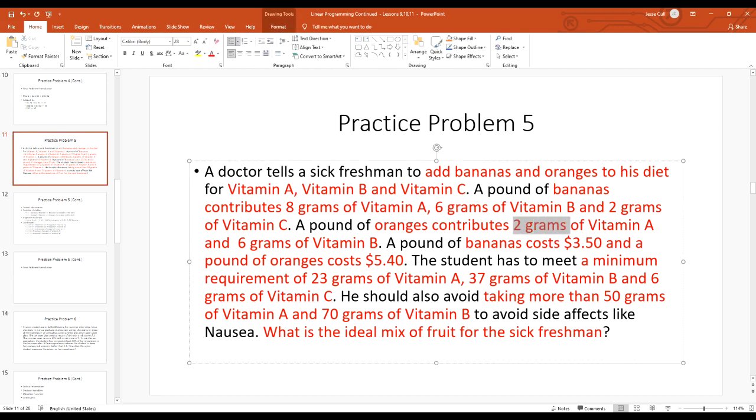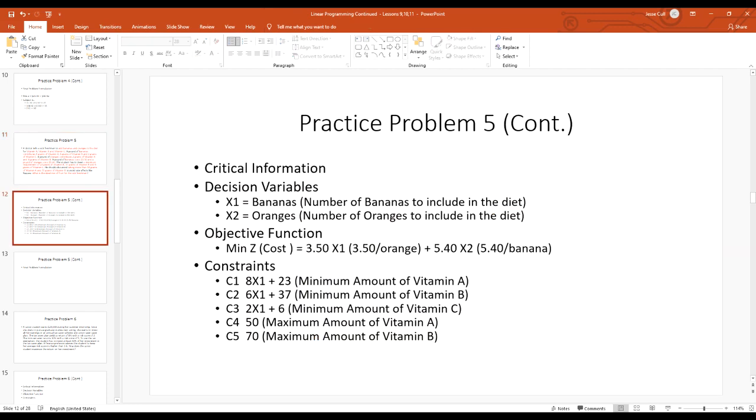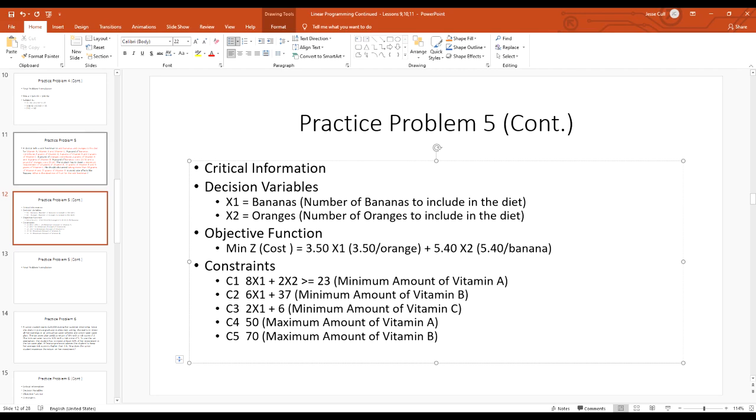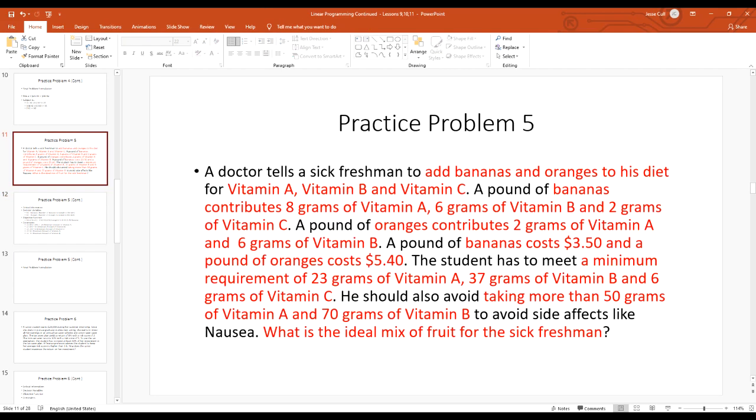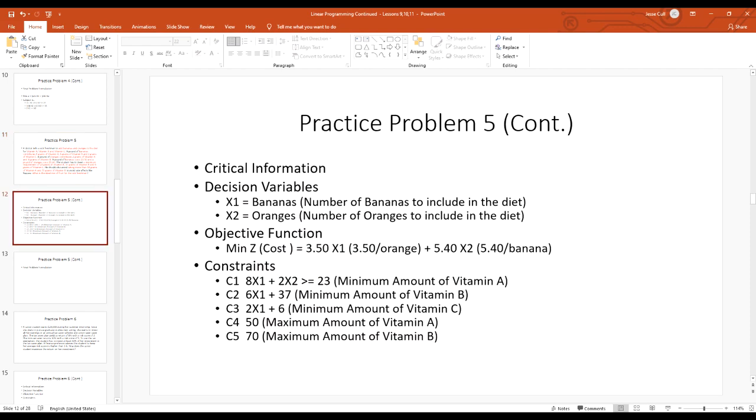Oranges is 2A, 6B, no C. So we come in here and we go 2, and again, just double checking, we see that it is 6 grams of vitamin B. So we have 6x2 greater than or equal to 37.